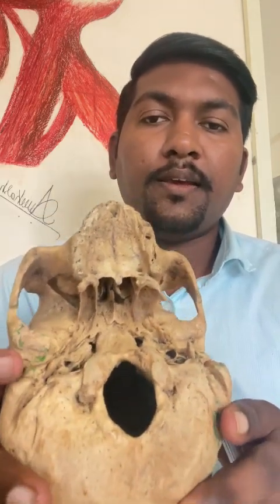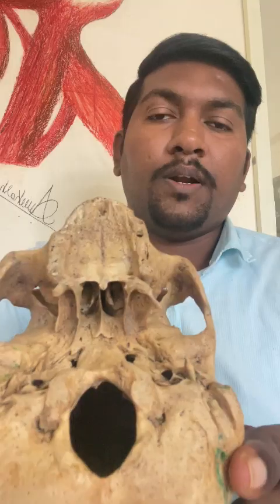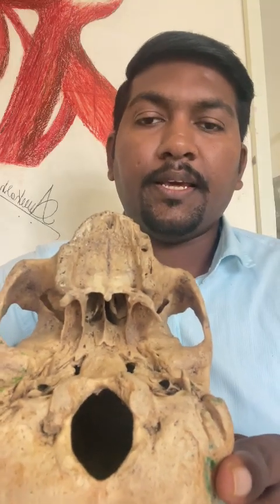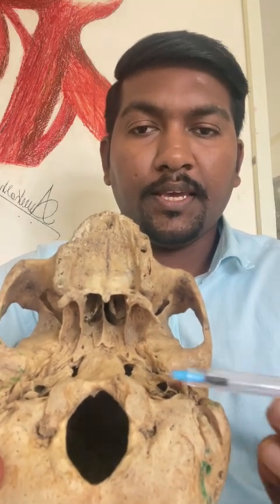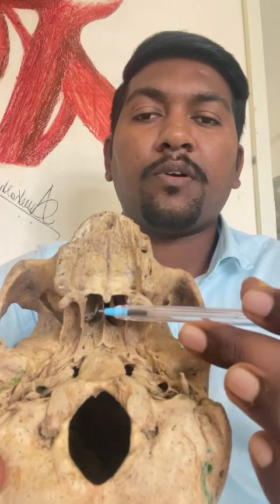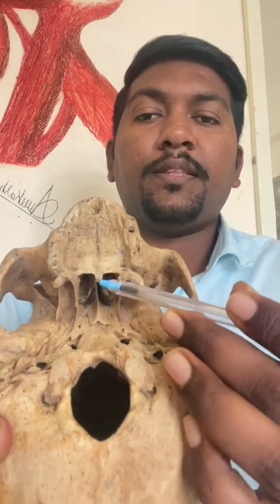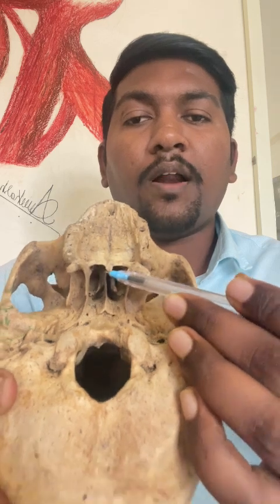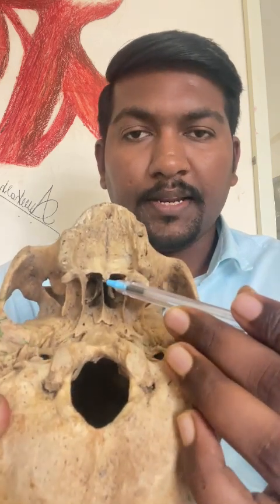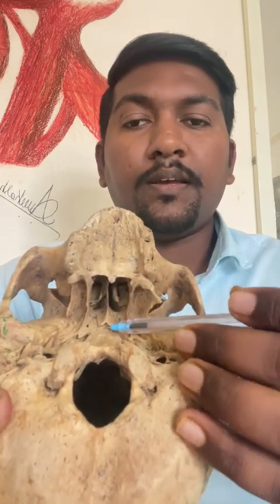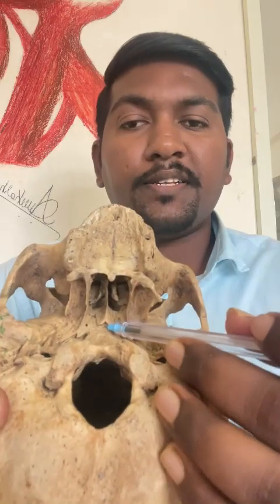Now coming to the median area, what are the things we can see in the median area? We can see the posterior border of the vomer bone which articulates here. This is the inferior border articulating with the palatine bone, and the superior border which divides into two alae, like a V shape.